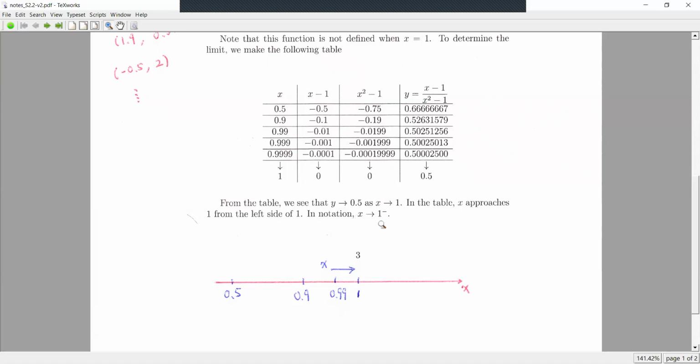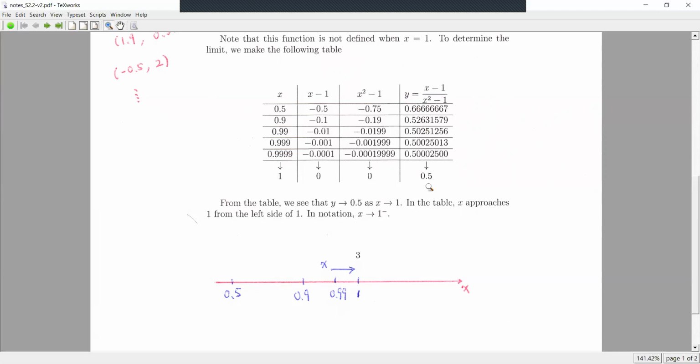So to make sure, when x approaches 1 in other ways, the function still approaches 0.5.